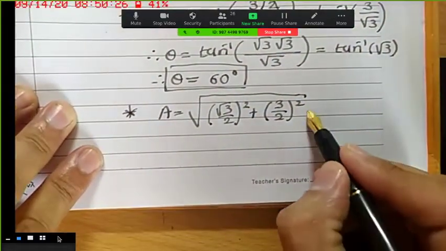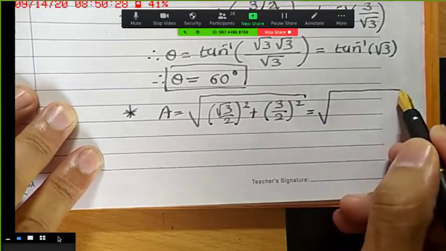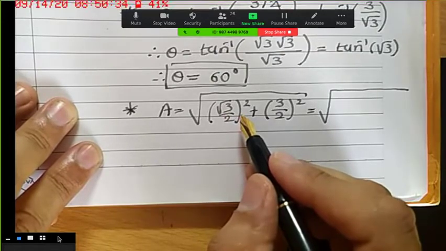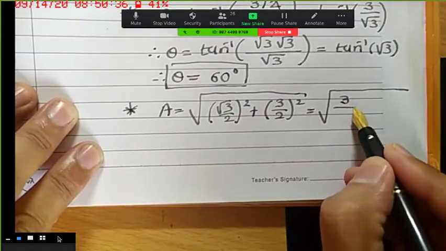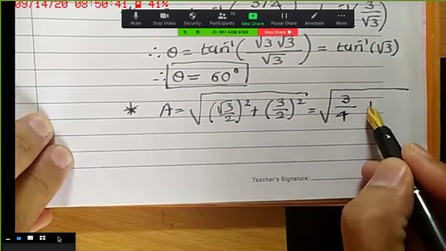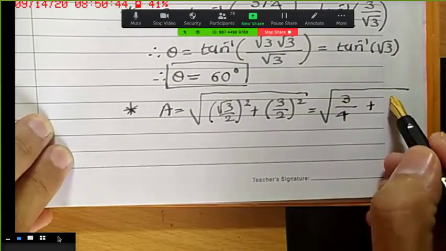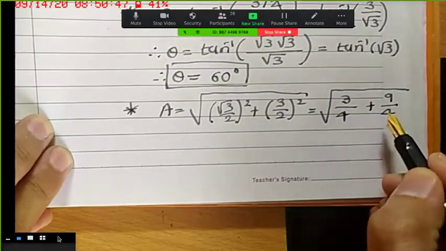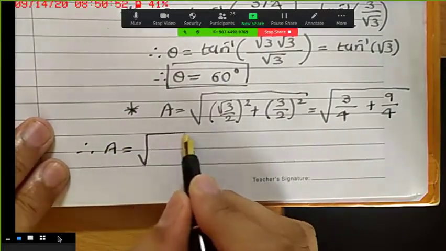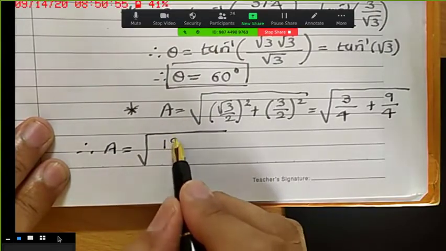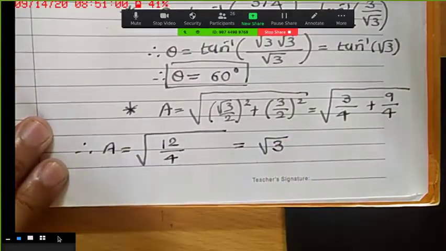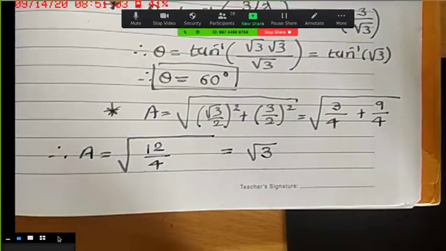So this is equal to root of, what is root 3 square? 3, over 2 square which is 4, plus 3 square which is 9 upon 4. Therefore A equals root of 12 by 4. 12 by 4 is 3, so A equals root 3. Right?